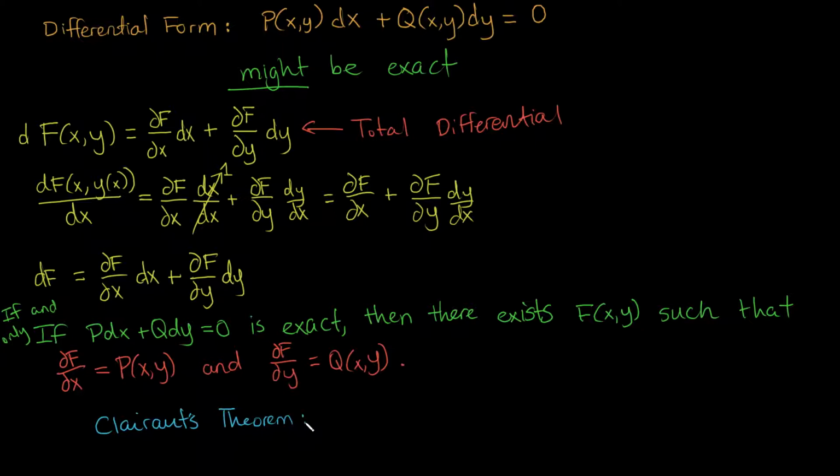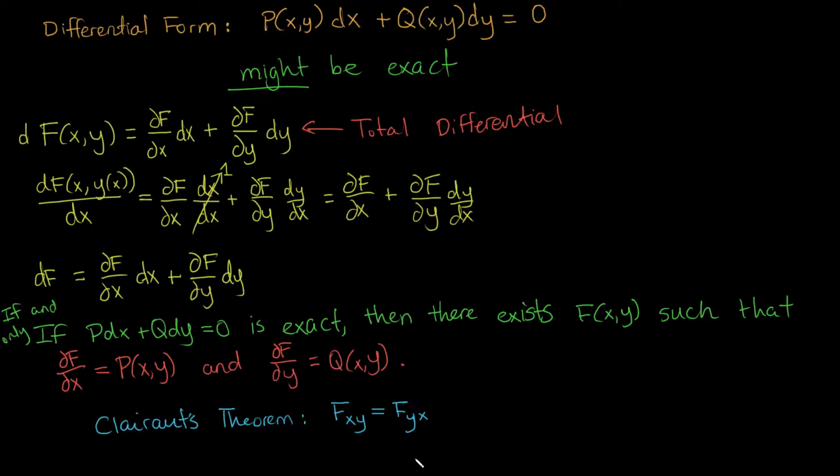And what it says is that if you have a multivariable function that is continuous on some interval, then for that interval, the mixed partial derivatives will equal each other. So f sub x y, the partial derivative of f with respect to x then y, is equal to taking the partial derivative with respect to y and then x. This is what Clairaut's theorem says.